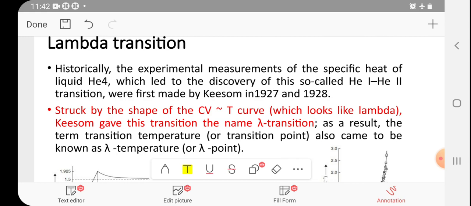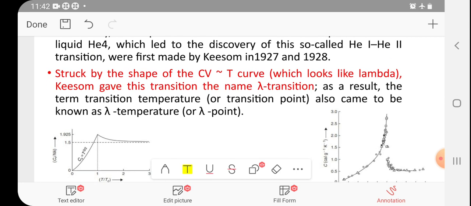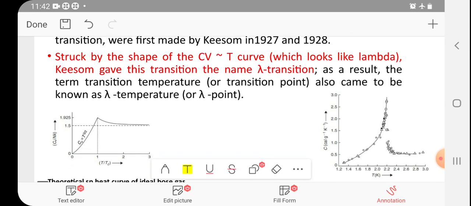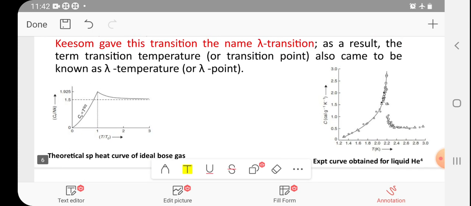Historically, the experimental measurements of the specific heat of liquid helium, which led to the discovery of the so-called helium 1 to helium 2 transition, were first made by Keesom in 1927 and 1928. Struck by the shape of the CV versus T curve, which looks like a lambda, Keesom gave this transition the name lambda transition. You see the figure on the right side.